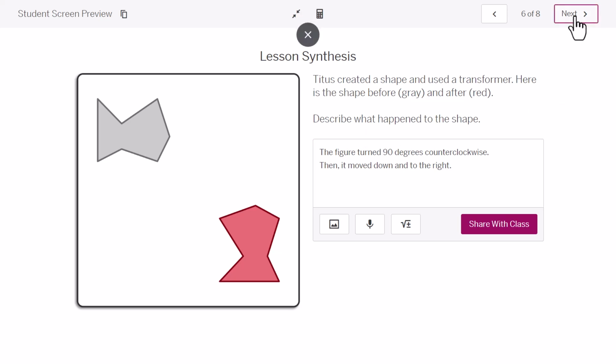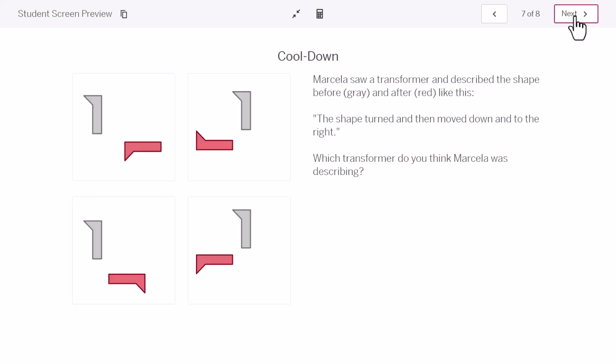Let's do another one. For this one, it says Marcella saw a transformer and described the shape before and after like this. The shape turned and then moved down and to the right. Which transformer do you think she was describing? Well, let's look for one that looks like it turned over and then moved down and to the right.